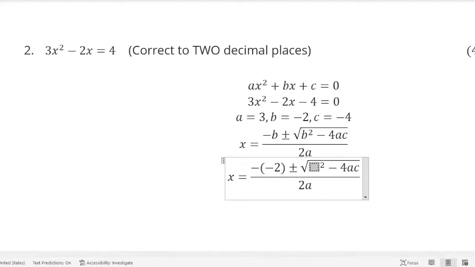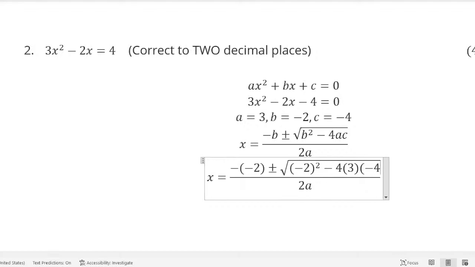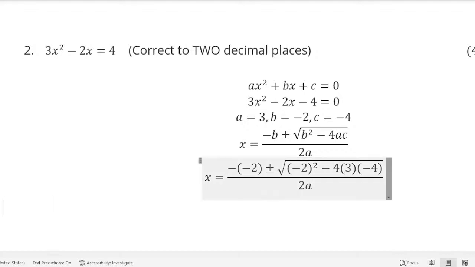All right, -2 put inside the brackets, squared, minus 4ac, the value of a is 3, and the value of c is -4, all over 2a, in this case a is 3.